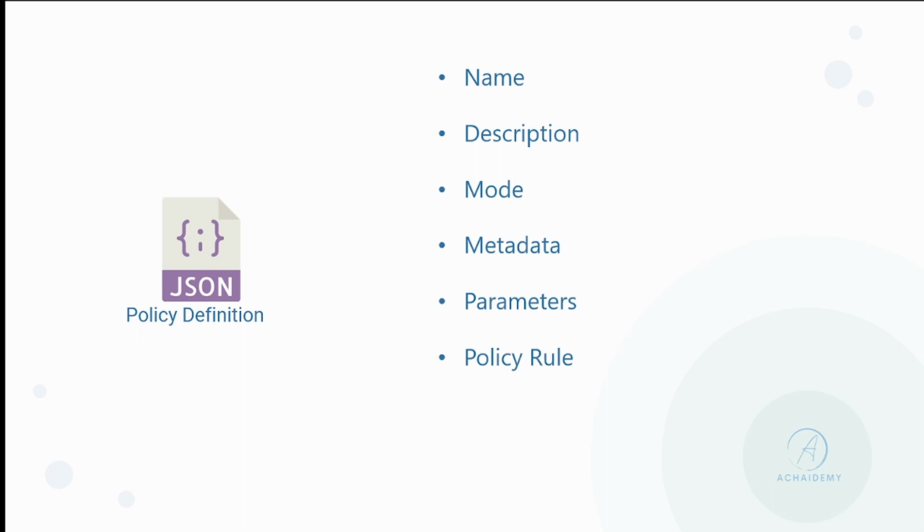Finally, the policy rule object in the policy definition is the core part of the policy definition, wherein you define the logical condition which will be executed to determine the applicability of this particular policy to the resource.